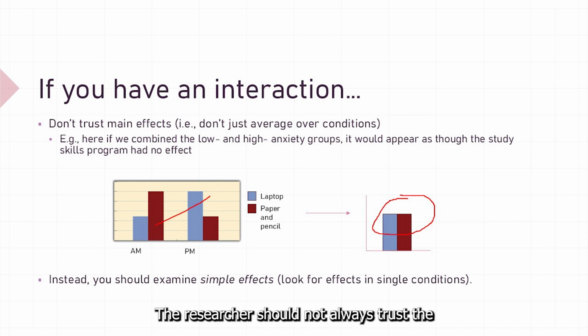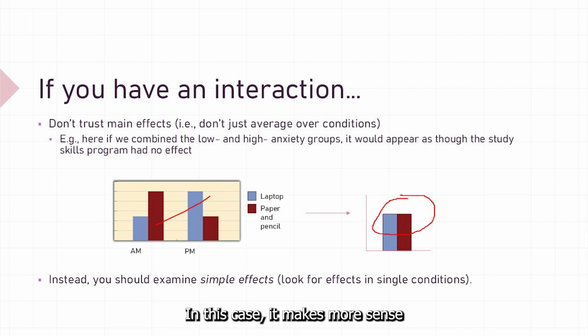Researchers should not always trust the main effect. In some cases, the main effect can be misleading, especially in crossover interaction. In our case, if we average across the conditions, we will get no difference for using paper and pencil or laptop for note-taking.